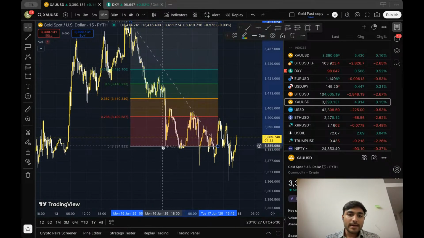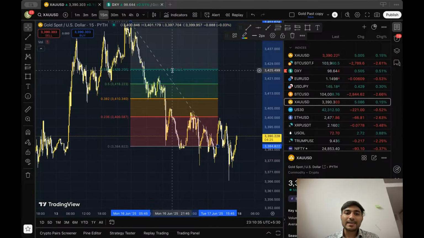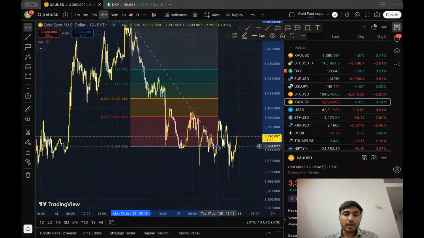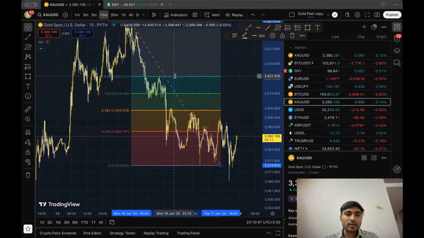When it didn't hit this after the swing low, and it closed above the 50% level, but it still didn't hit the 60% level, I knew for a reason that the next support is going to be at a level where it will have already hit that 60%.